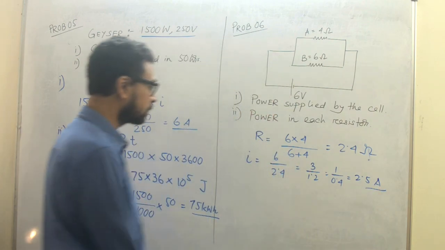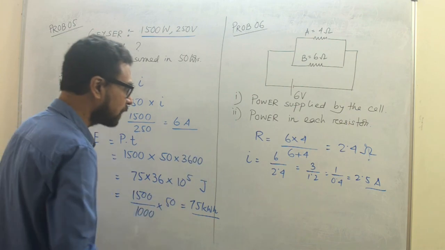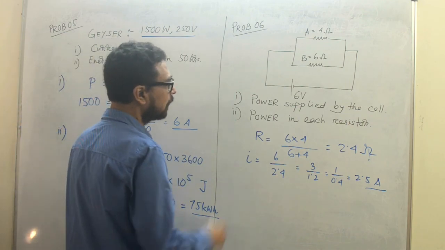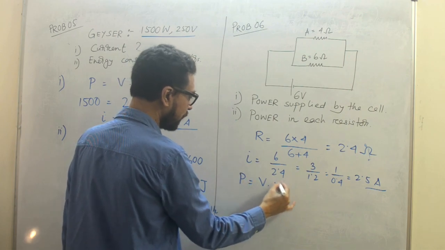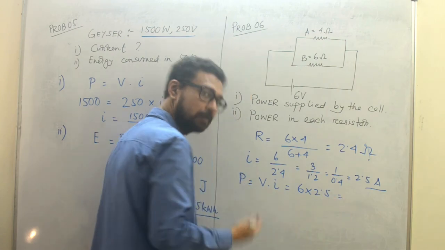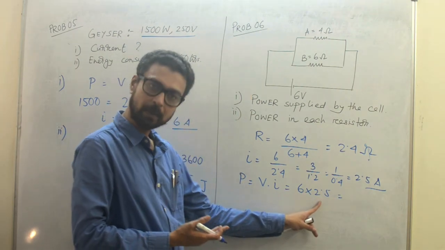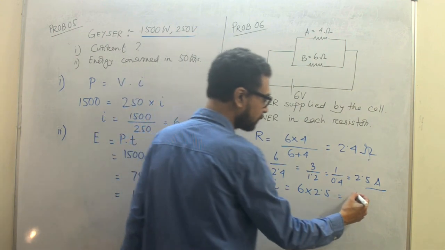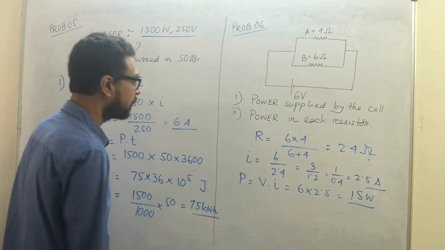That's the current. Power supplied by the cell, power is volt into ampere, 6 volt into 2.5, which will give me 15 watt. So this is the answer for the first part.